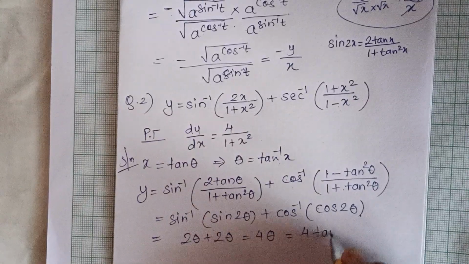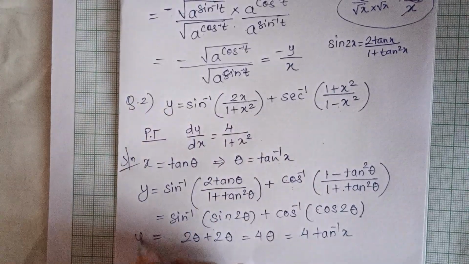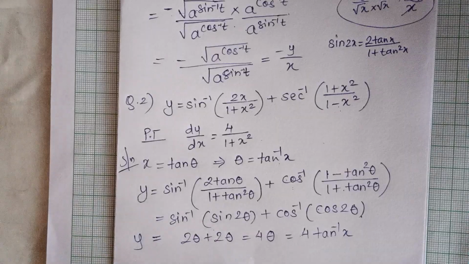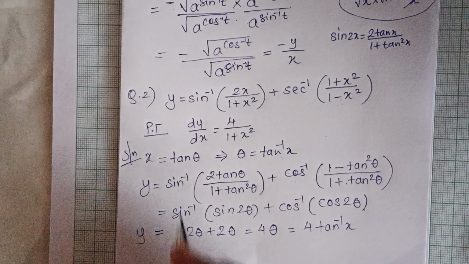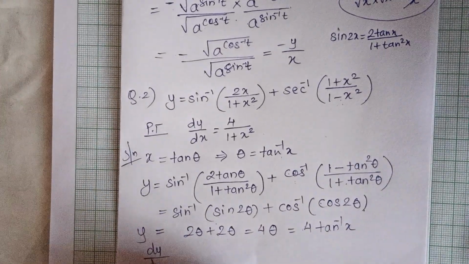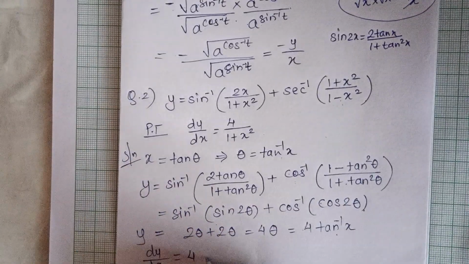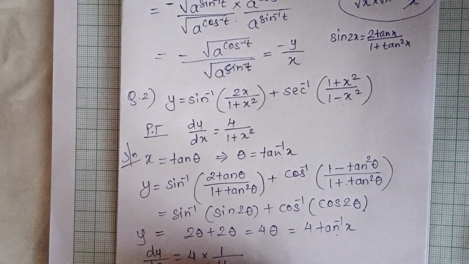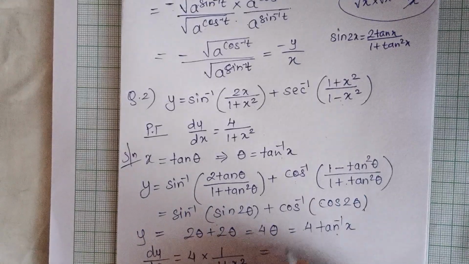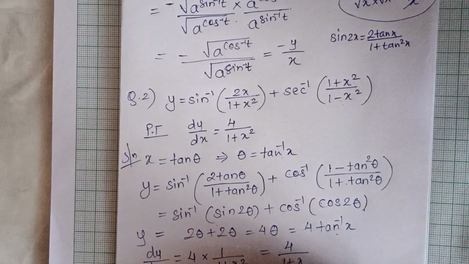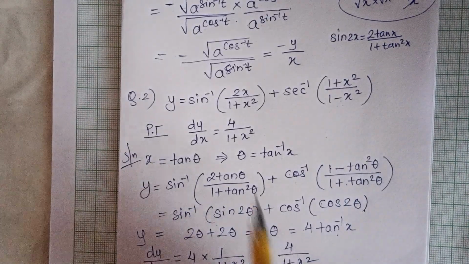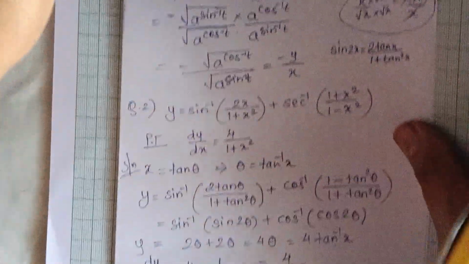So 4 tan inverse of x. This is your y. Now you can differentiate with respect to x. So dy by dx, 4 tan inverse of x derivative is 1 upon 1 plus x square. So 4 upon 1 plus x square. This is what we wanted. Okay.